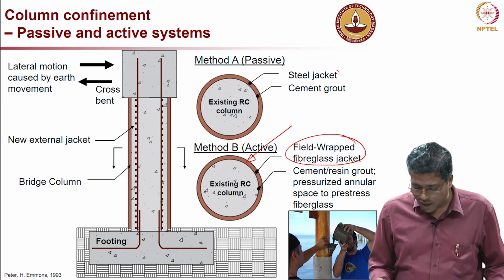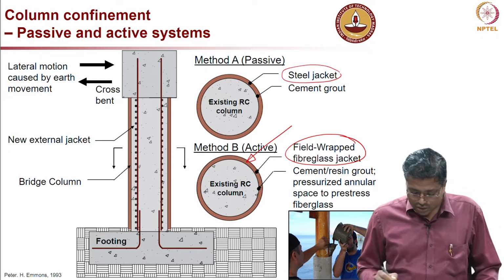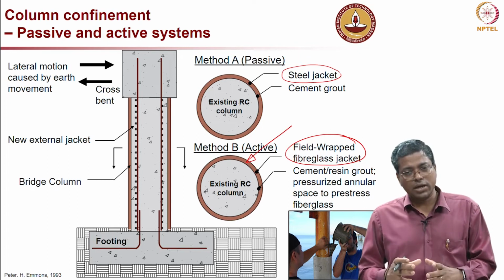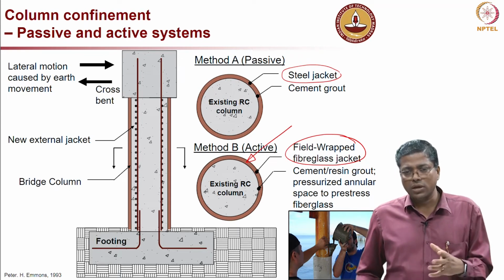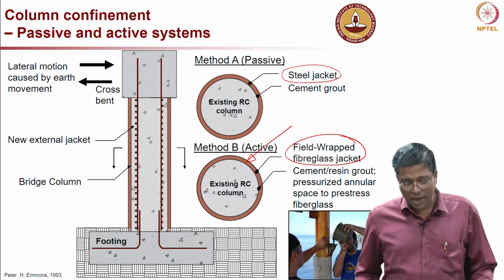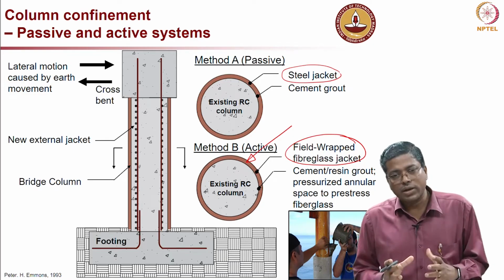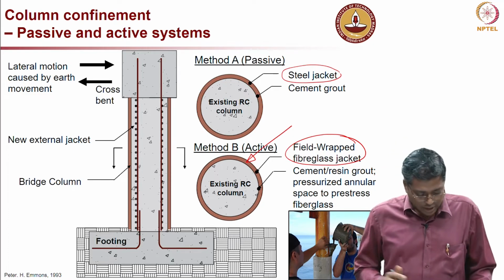In the case of a passive system, we usually go for a steel jacket. So, in the second case, you provide a fiberglass system and then a cement or resin grout which can exert some pressure onto the jacket, and that way the jacket will immediately come into action and function like an active system.